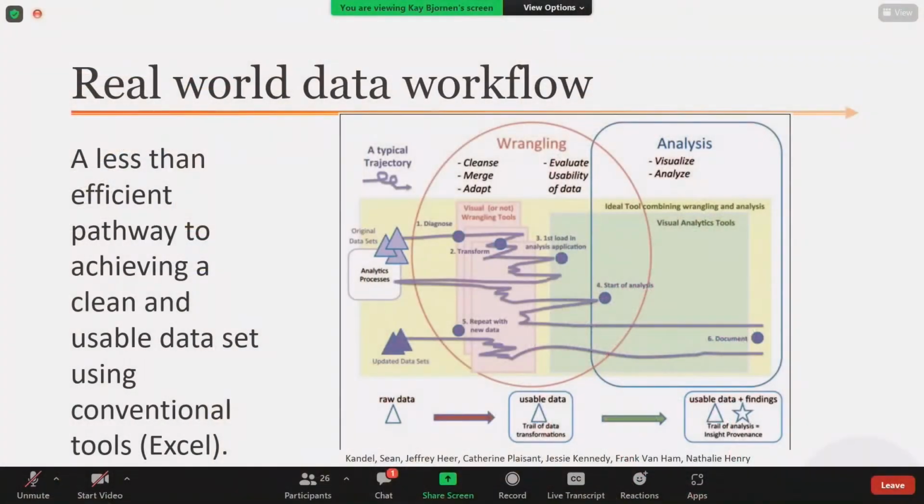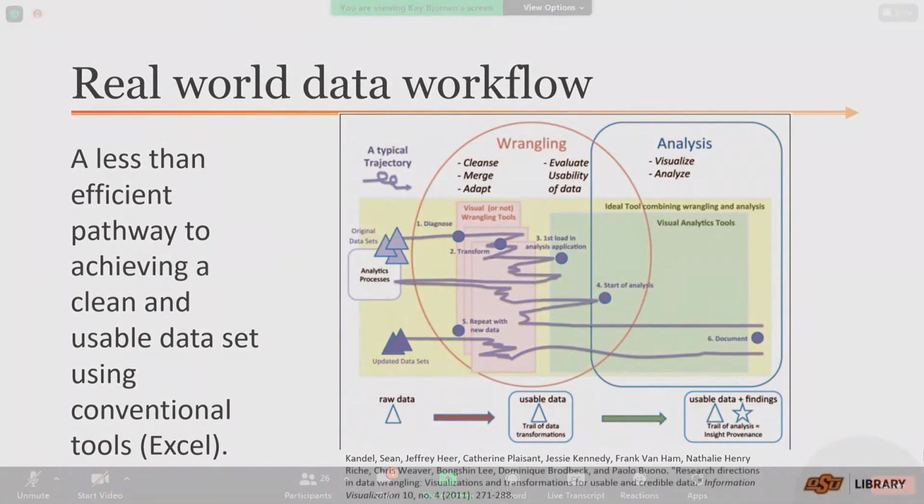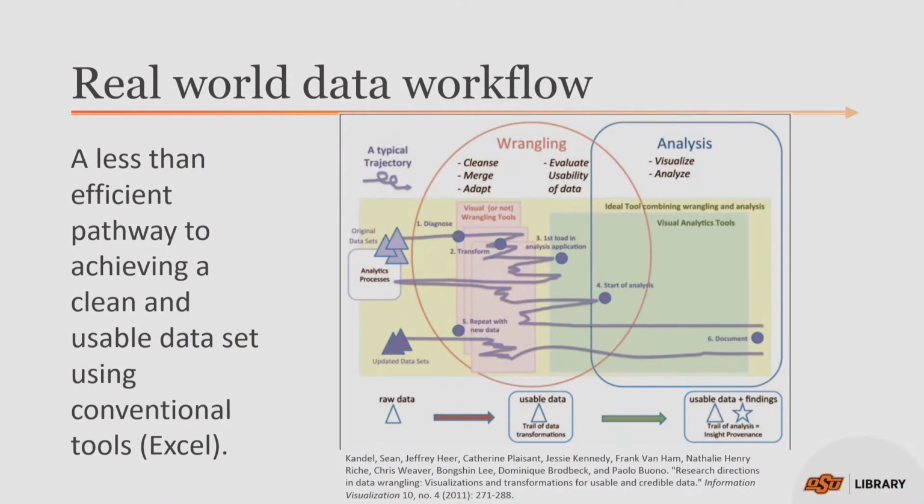So we're going to start here with this diagram, which I think is a fairly realistic depiction of how most of us do our data process. You usually start out with the data that you've either collected or that maybe is secondary data from another source.